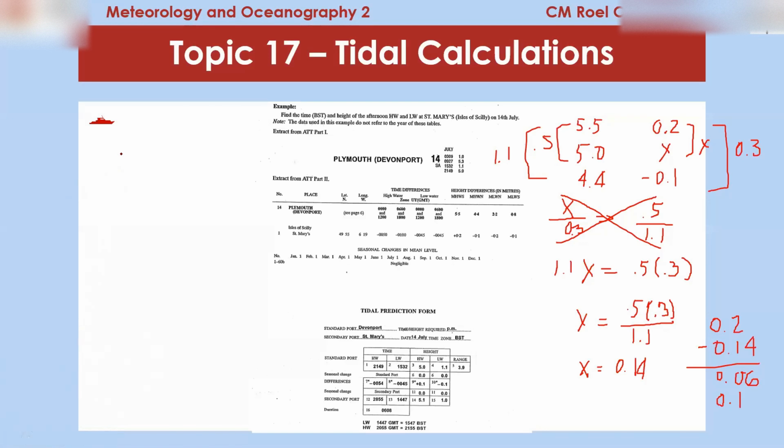Okay, so i-try natin. 2.2 is equal to negative 0.2. And then we need to interpolate for 1.1. So this is x. And then 0.8 equivalent is negative 0.1.